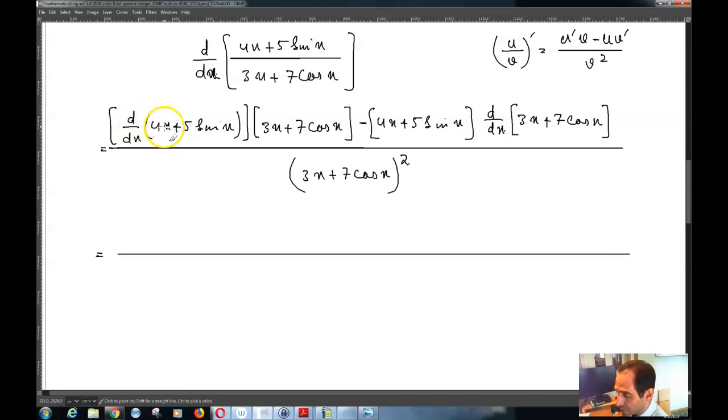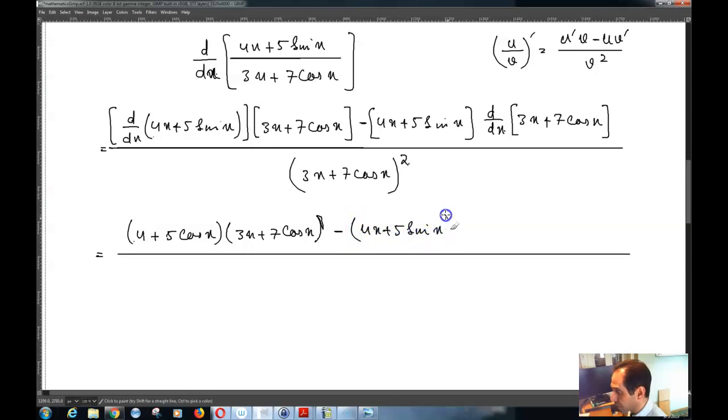So this is equal to basically d by dx of 4x plus 5 times sine x is equal to 4 plus 5 times cos x, and over here you have 3x plus 7 times cos x, and over here you have negative 4x plus 5 times sine x, and over here you have basically 3 minus 7 times sine x, over 3x plus 7 times cos x whole squared.